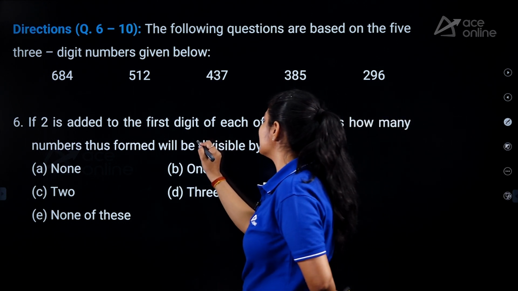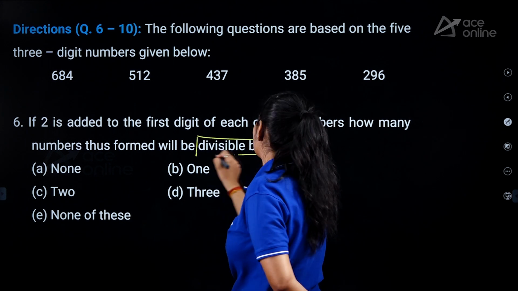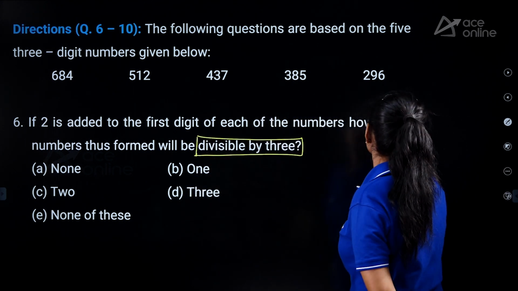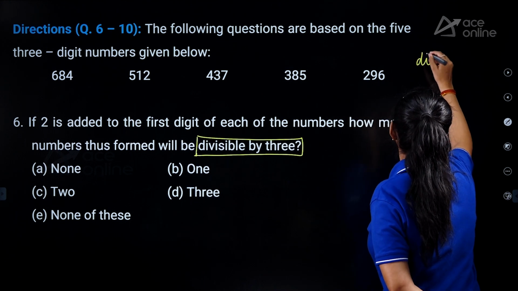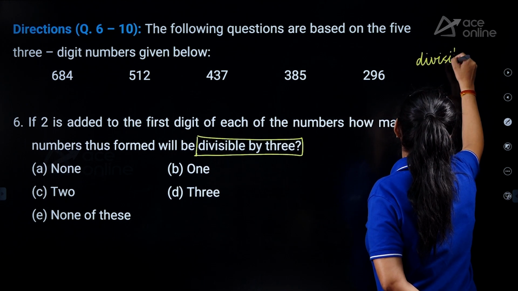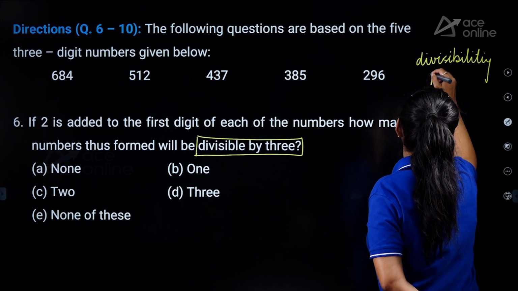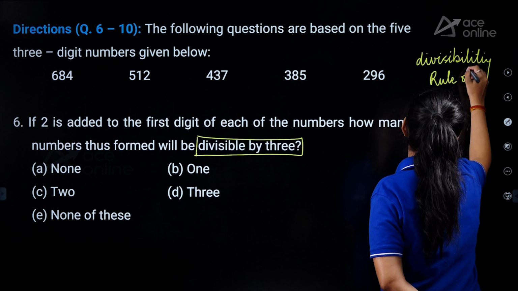Now here, first you should know the divisibility rule of 3.